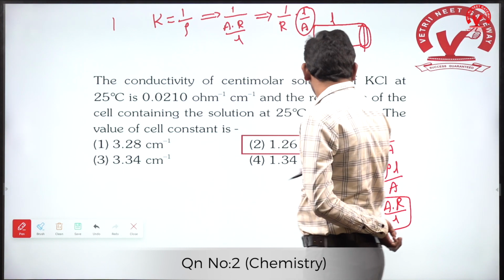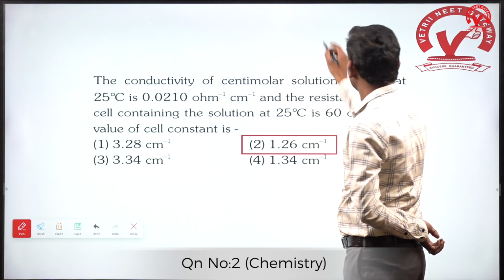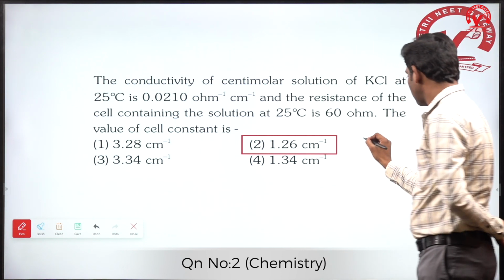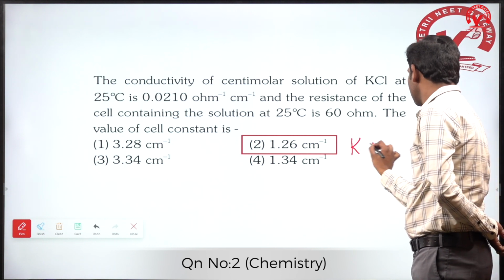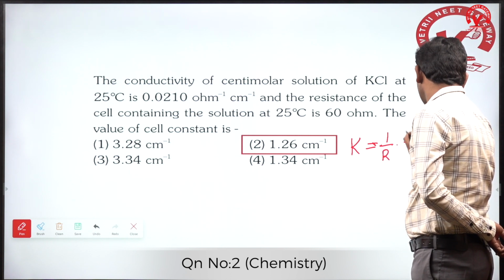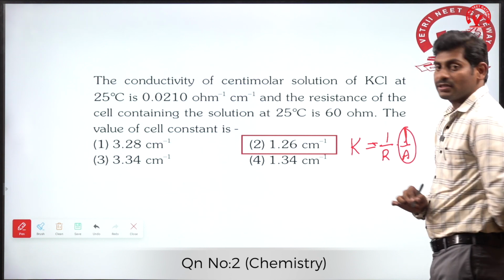So finally, what formula do I have to use? Conductivity K is equal to 1 by R into L by A. So this L by A is the cell constant.